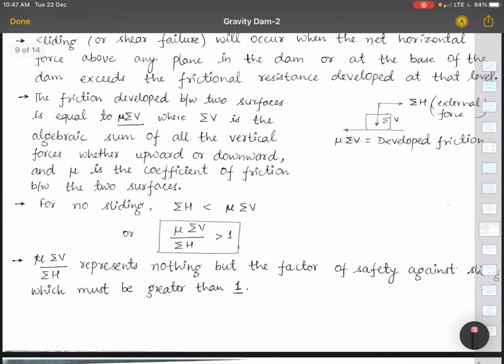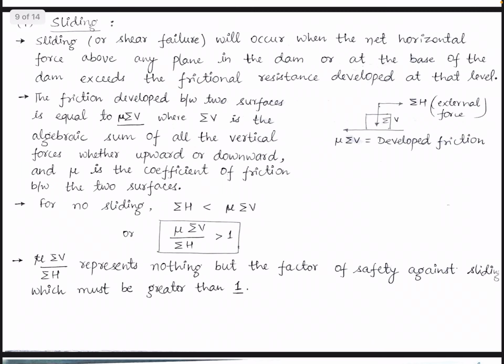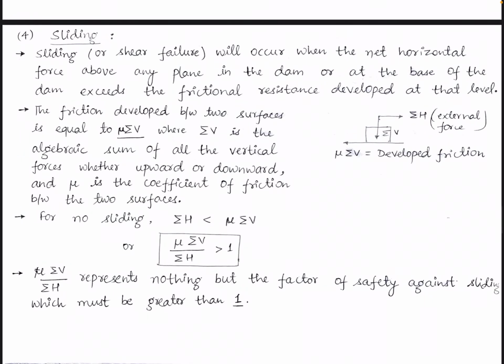So this is what we have seen: tension, compression, overturning. Now let us see the sliding case. Sliding will occur when the net horizontal force above any plane in the dam or at the base of the dam exceeds the frictional resistance developed at that level.